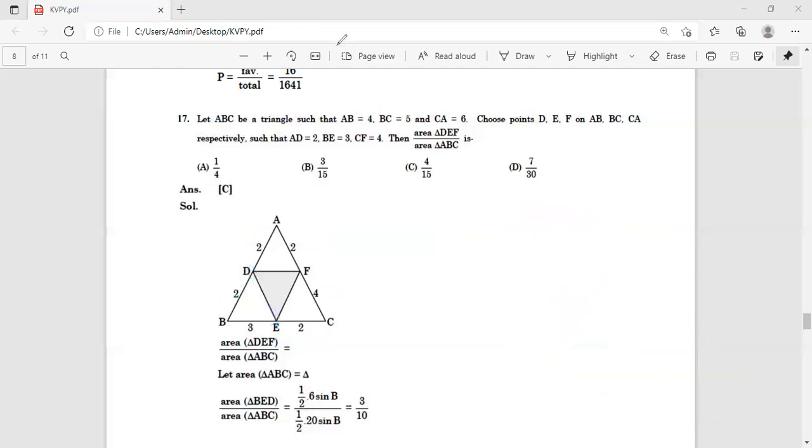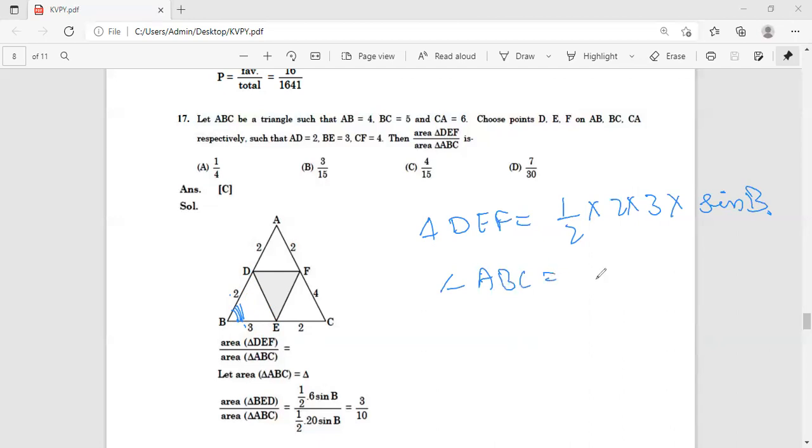So how to do this here? Suppose this angle is B. So what is the area of triangle BEF? You know, half into the product of the sides into the sine of the included angle. This is the formula. Half into 2 into 3 sine B. Now the area of triangle ABC is what?